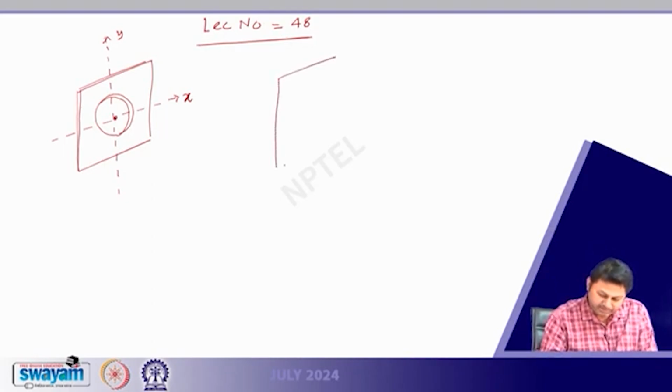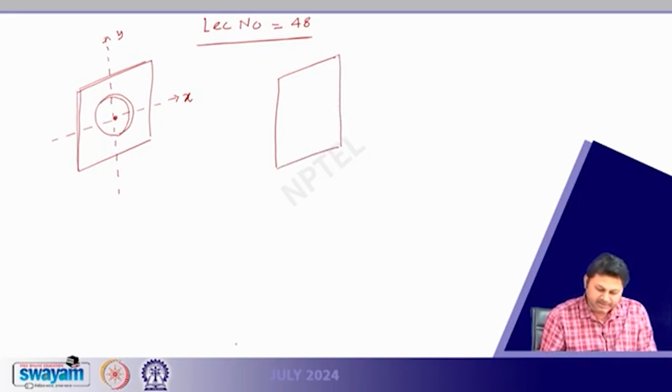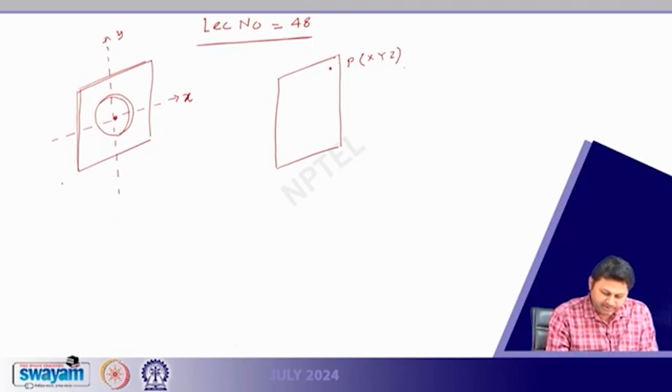Then we have the screen here, and there is a point P over the screen whose coordinate is x, y and z. The z coordinate here is 0.